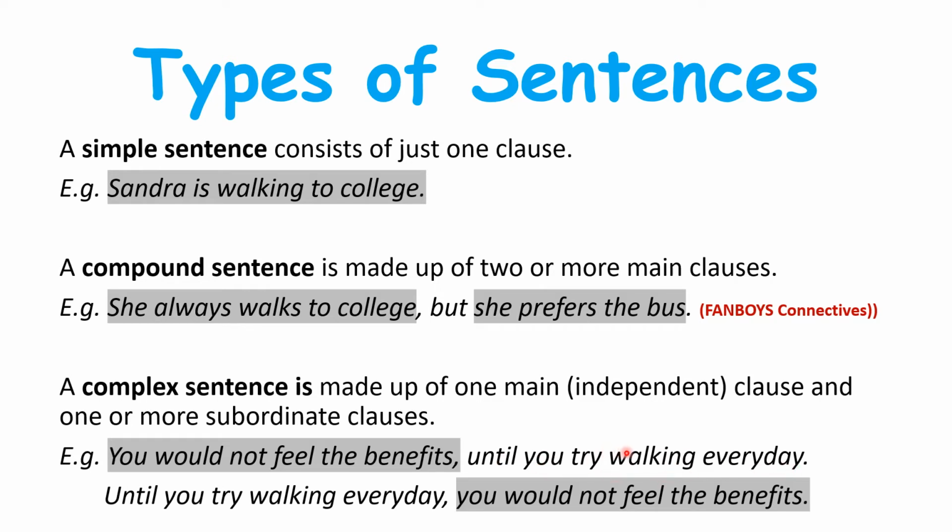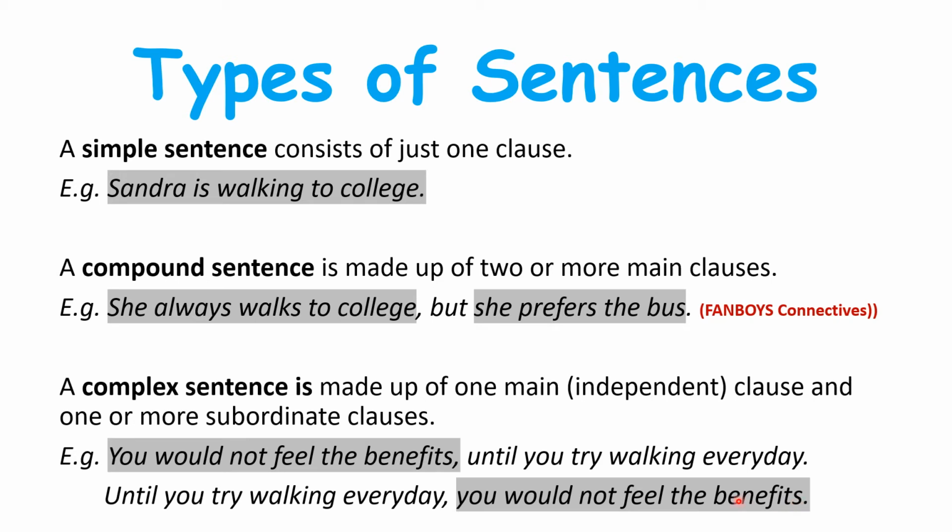If I was to look at you and say, until you try walking every day, you will look at me and think, yeah, because my sentence is not complete. It would only be complete if I finish the sentence. So here we have flipped it and turned it into, until you try walking every day, you would not feel the benefits.